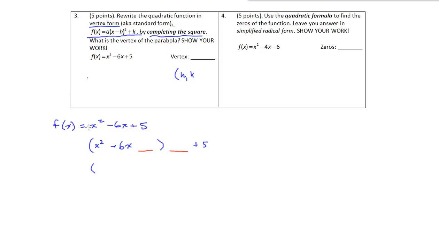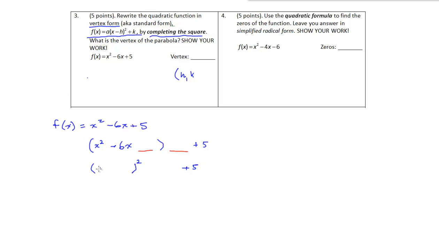Well, this is more complicated if a is not 1. In this case it is 1. And you can kind of assume that you will not have to deal with leading coefficients that aren't 1. It adds some complexity, but it's not horrible. And we have this plus 5 out here.